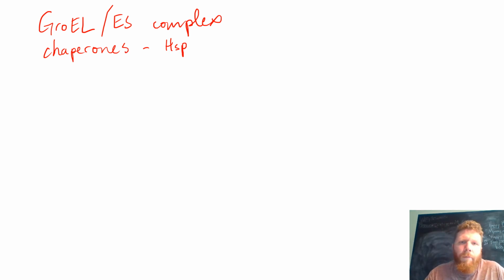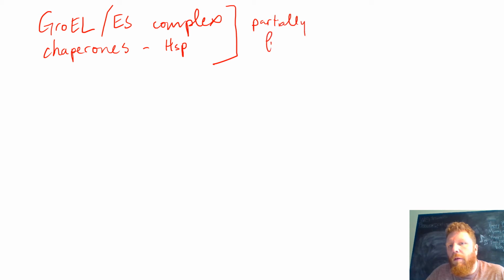These are proteins that basically assist in the folding of a partially folded or a misfolded protein. So these guys will take something that is partially folded and finish the job, and they will fold them.